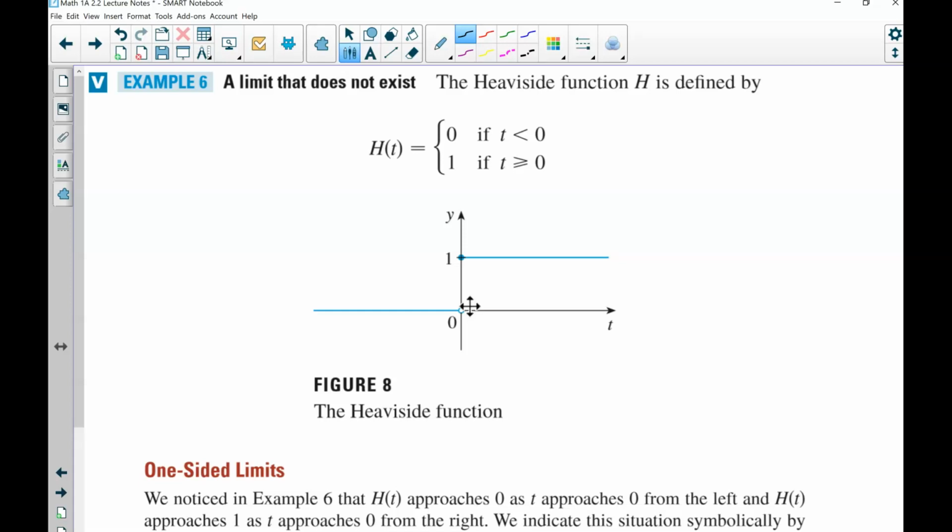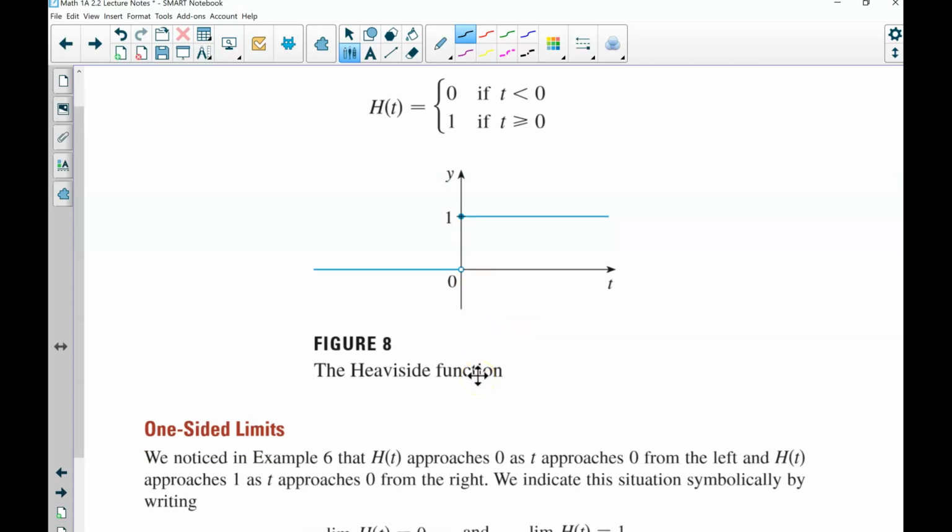Okay, now this function is named after an electrical engineer called Oliver Heaviside and can be used to describe an electric current that is switched on at time t equals 0. And this is the graph that's shown. So what it's saying here is that as t approaches 0 from the left, then the function H of t approaches 0.